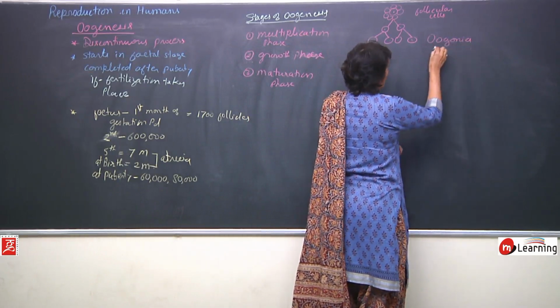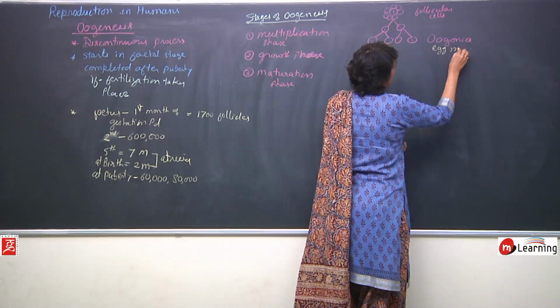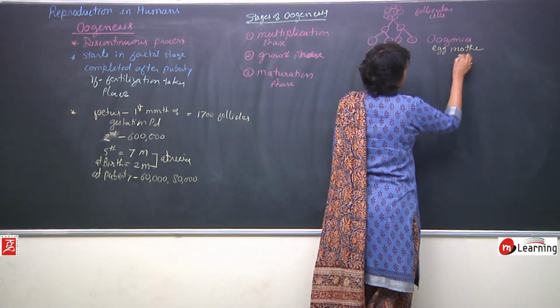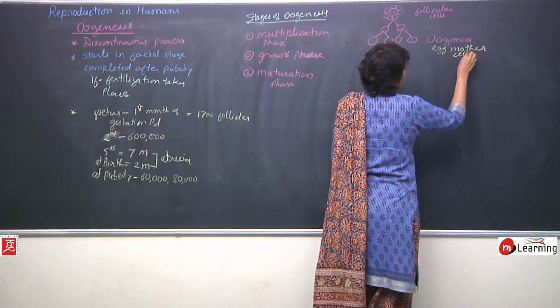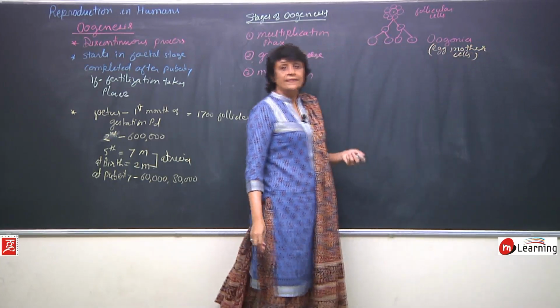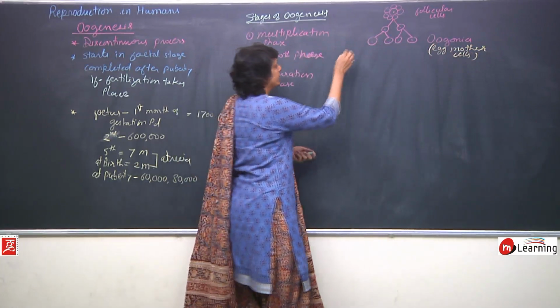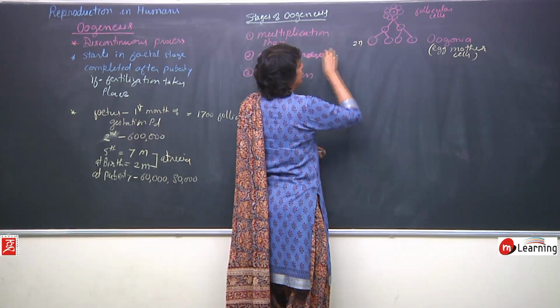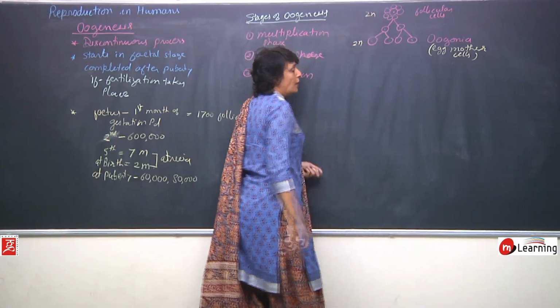Oogonia or egg mother cells. They are diploid, 2n, these follicles are 2n.